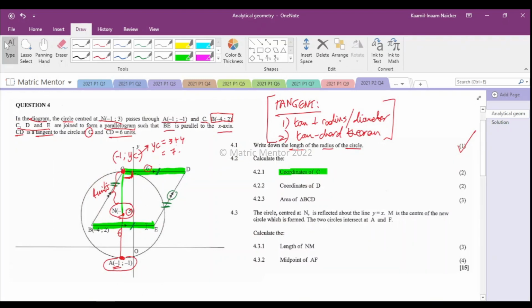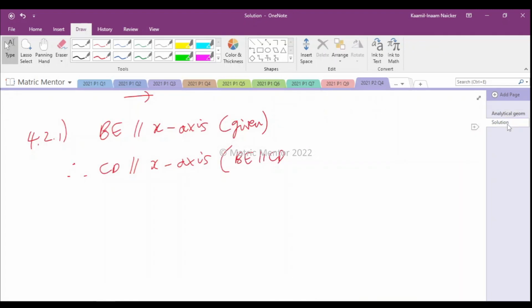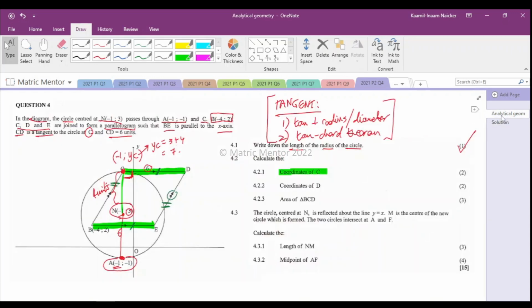Well, CDEB is a parallelogram, and the opposite sides of a parallelogram are parallel. So my reason here is opposite sides of parallelogram, and that basically tells you that the opposite sides are parallel. Now I'm going to say, but I also know that this radius here, CN, is perpendicular to CD.